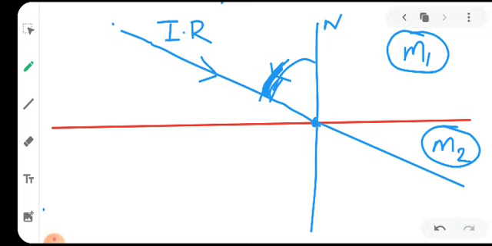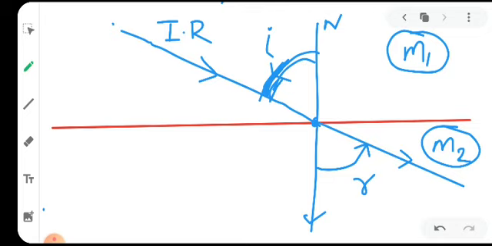This particular angle is known as the angle of incidence, and this angle in the second medium between the refracted ray and the normal is known as the angle of refraction.